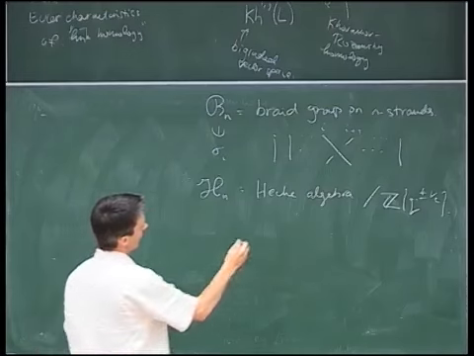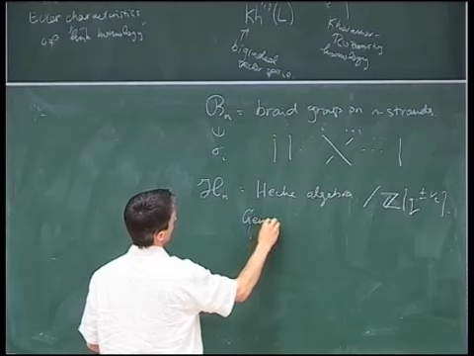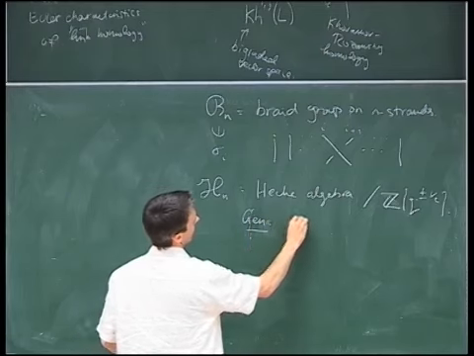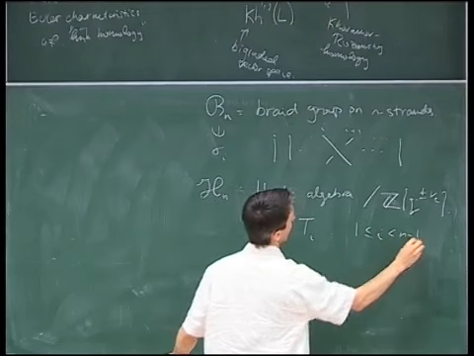So this is generated by the generators T_i for 1 ≤ i ≤ n-1.